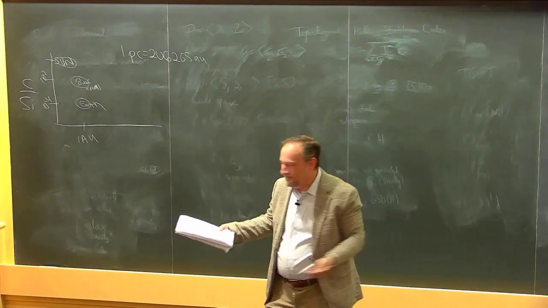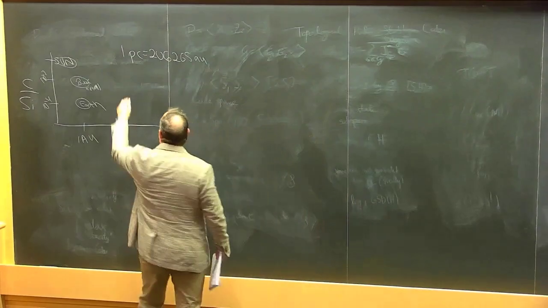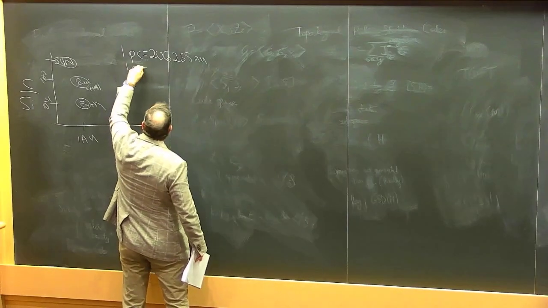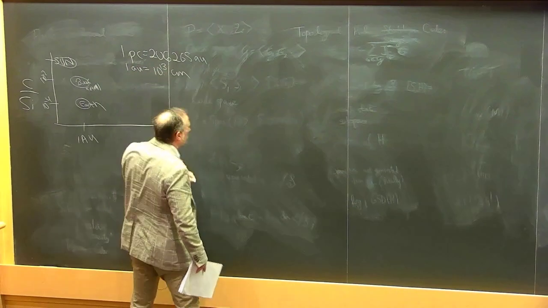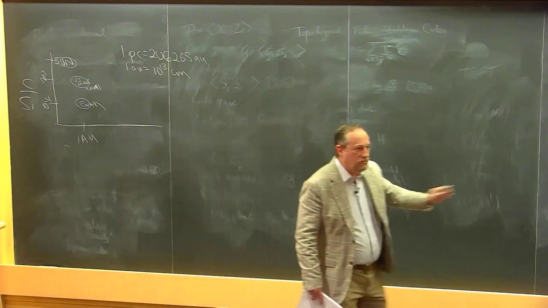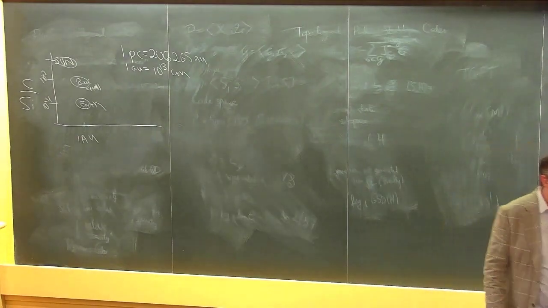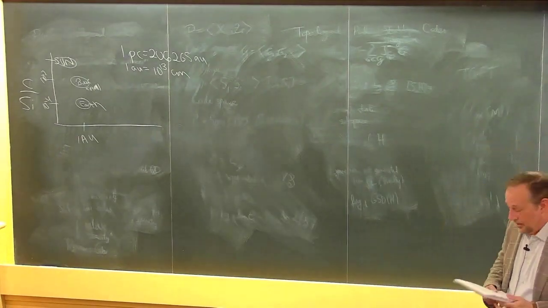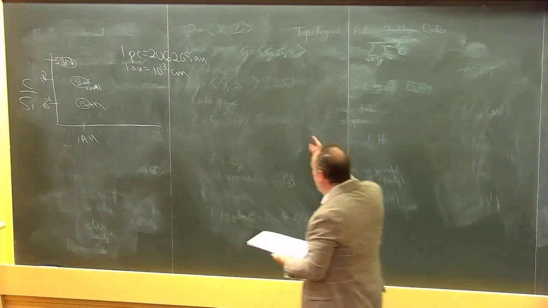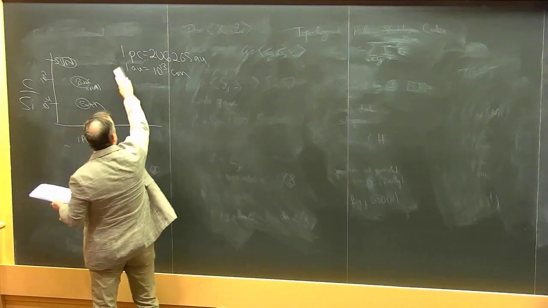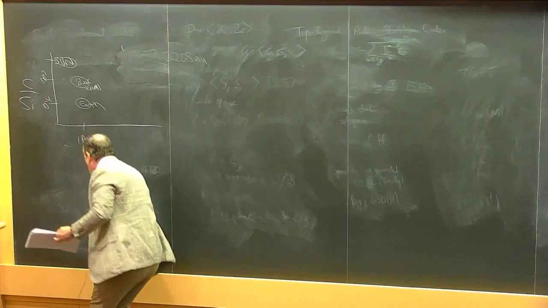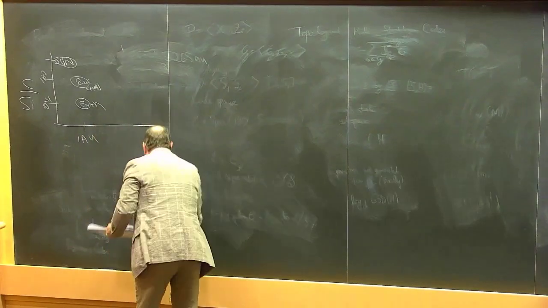A parsec is something we use in galaxies, and 1 astronomical unit is of order 10 to the 13th centimeters. My field uses CGS, you're going to live with it. All right, so there are some definitions. I'm going to have to erase that, sadly.